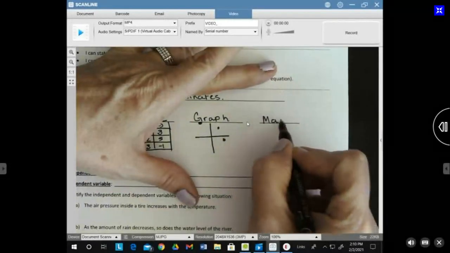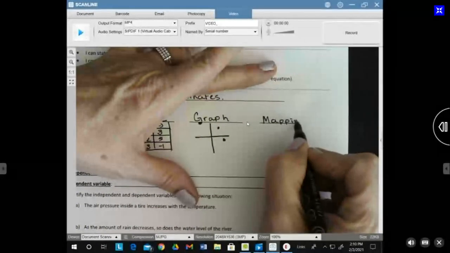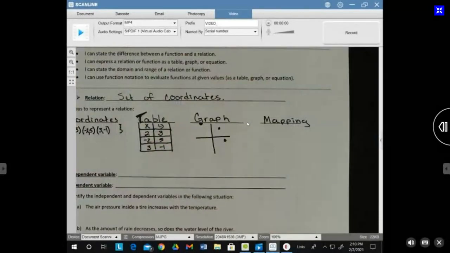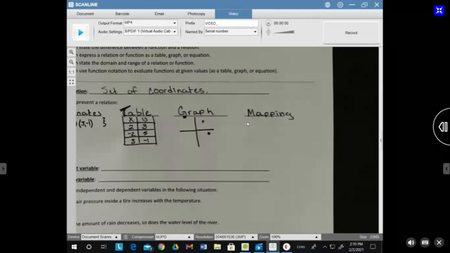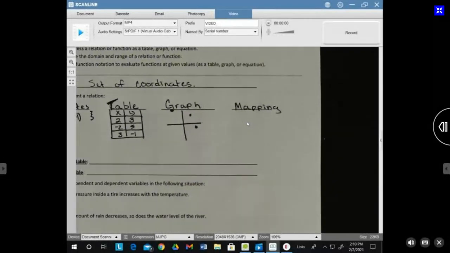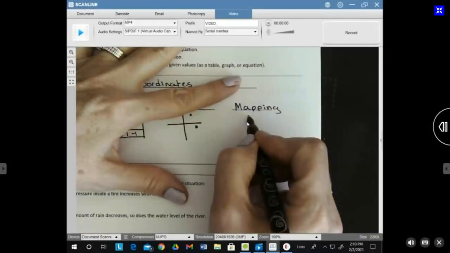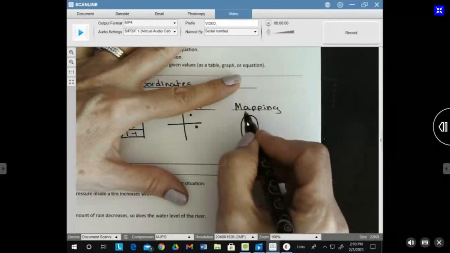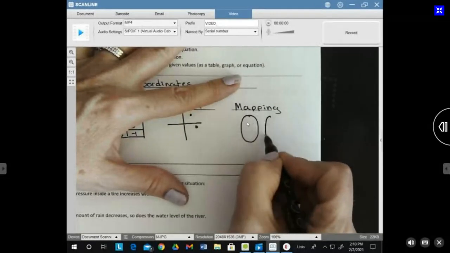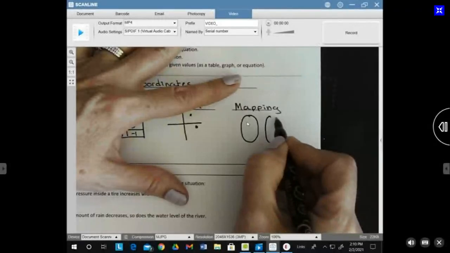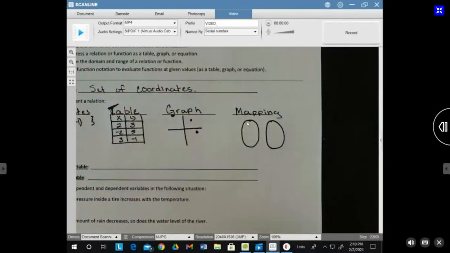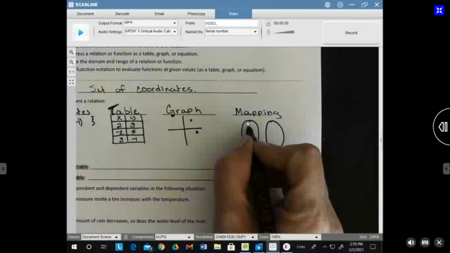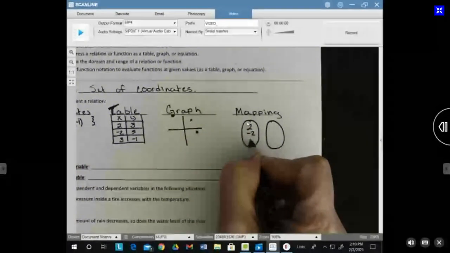But another way of representing a set of coordinates is called a mapping. Now, some people, when they're doing a mapping, they're going to use ovals. Some people are just going to use rectangles. That's going to be up to you. But in my first oval, I'm going to put my x coordinates. In my second one, I'm going to put my y coordinates. So my x's are 2, -2, and 3.